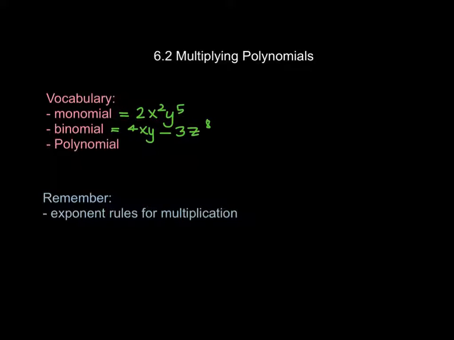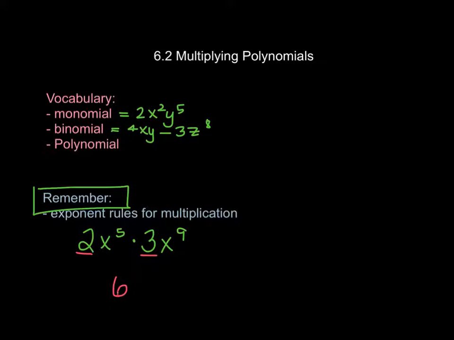The real important thing for you to remember, and this is what I would really write down as the start of your notes, is just to remember exponent rules for multiplication. So let's look, if we have 2x to the fifth times 3x to the ninth, remember we're going to group our coefficients together and multiply those, so that's going to give me 6.